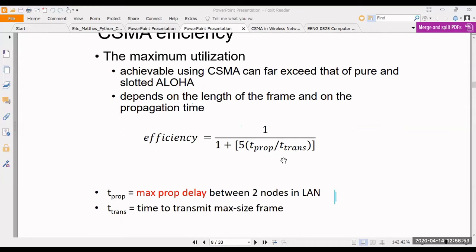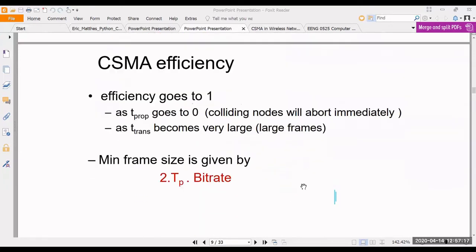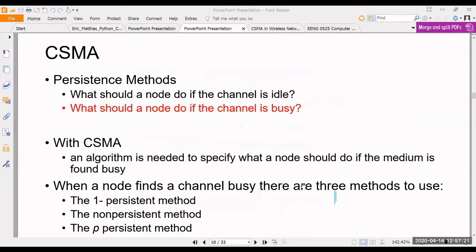To make the propagation time very small, or the transmission time very large. Whenever the propagation time for this CSMA system is very small, it infers that the vulnerable time is also very small, true or false? Yes, it's true, because it's proportional.